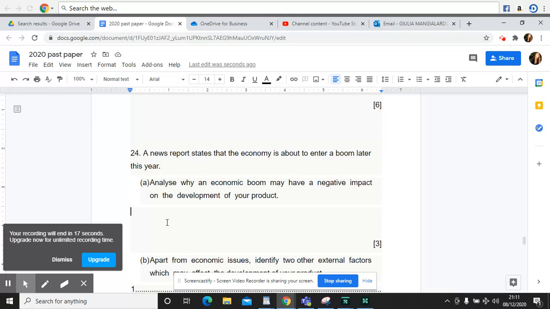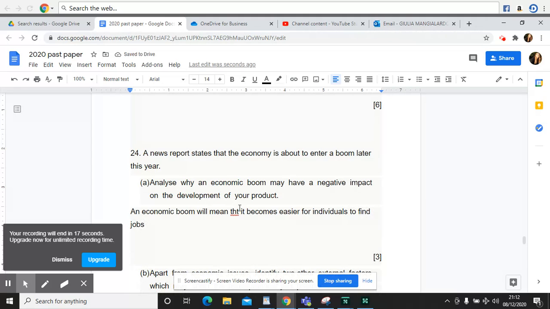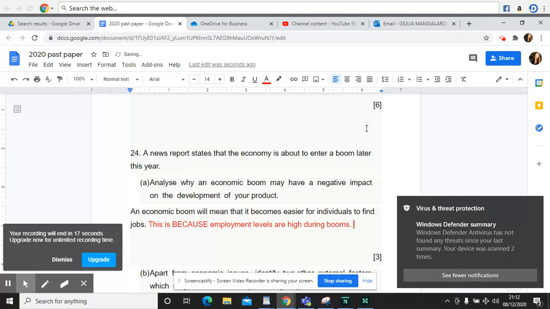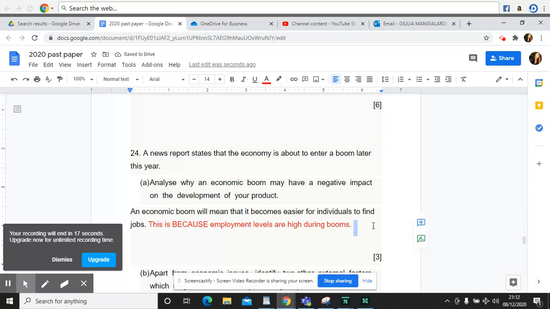Okay, so what I wrote is that an economic boom will mean that it becomes easier for individuals to find jobs or employment. Why is that? This is because employment levels are high during booms.